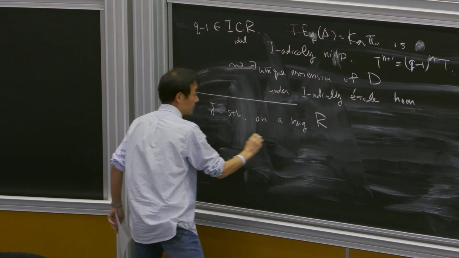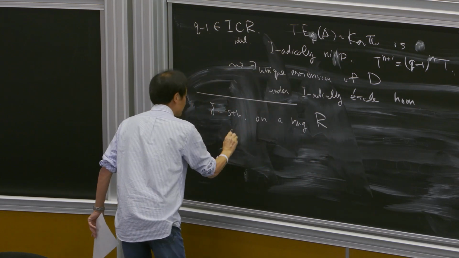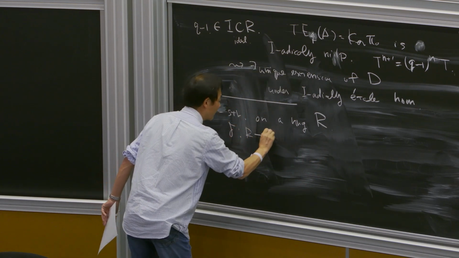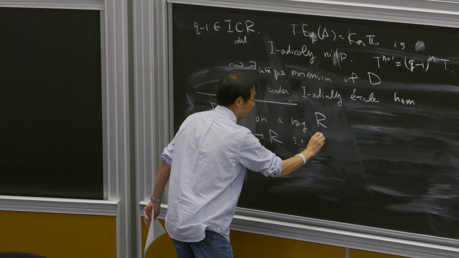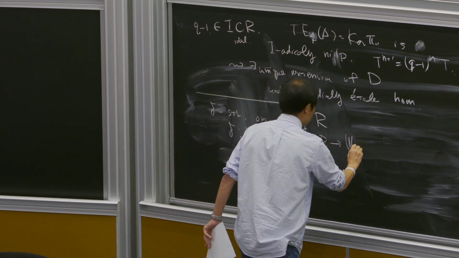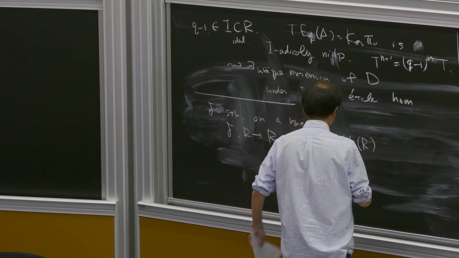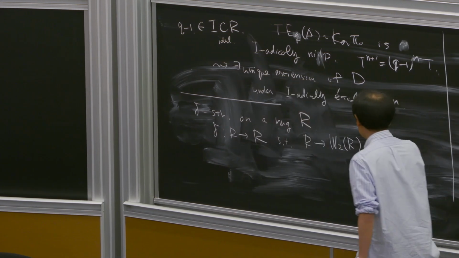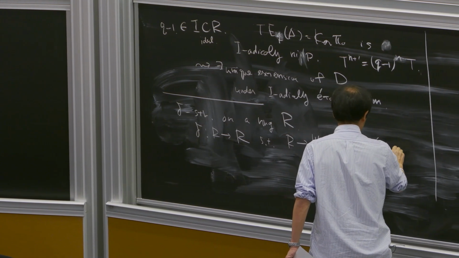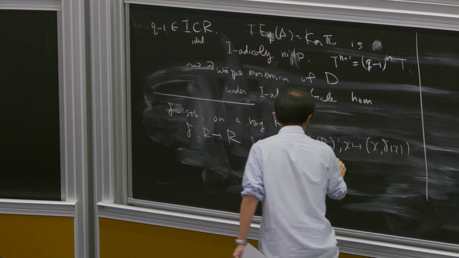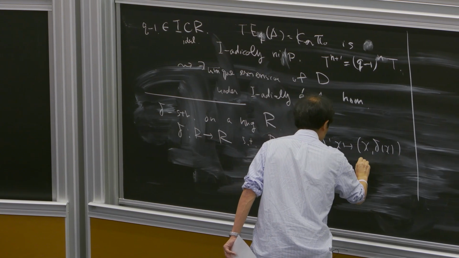It is a map delta from R to R such that the map from R to W_2(R), the ring of Witt vectors of length 2, defined by x to (x, delta x), is a ring homomorphism.